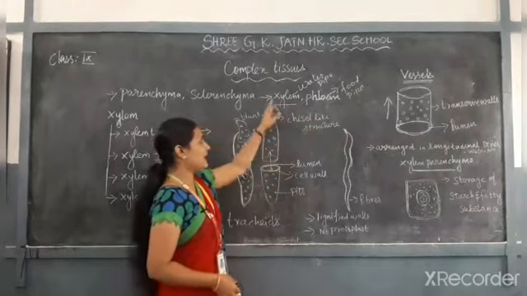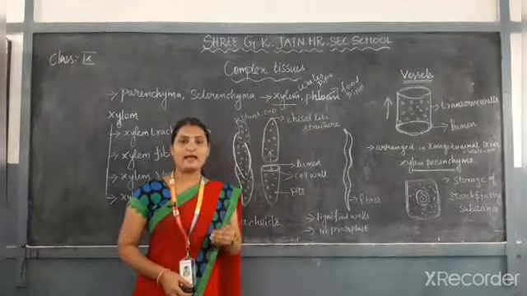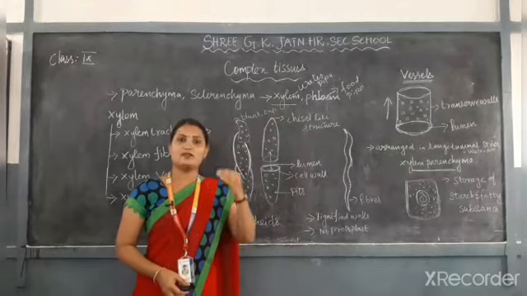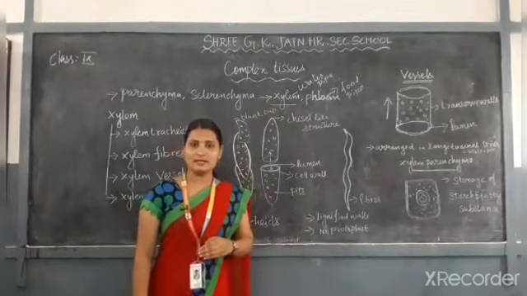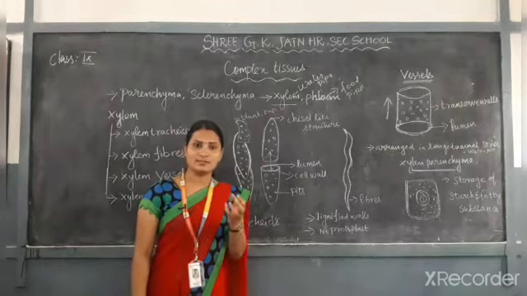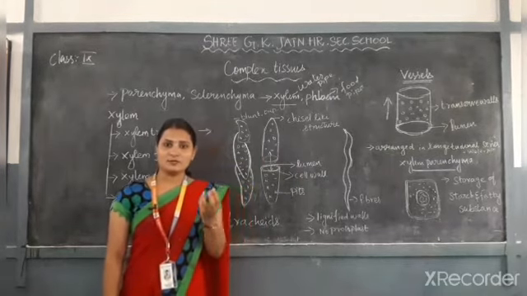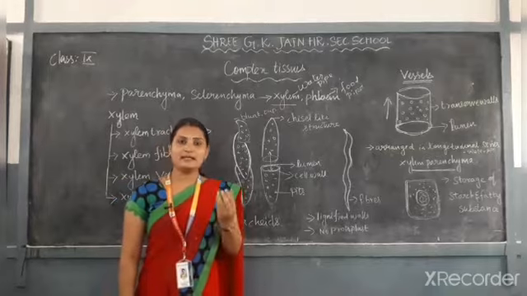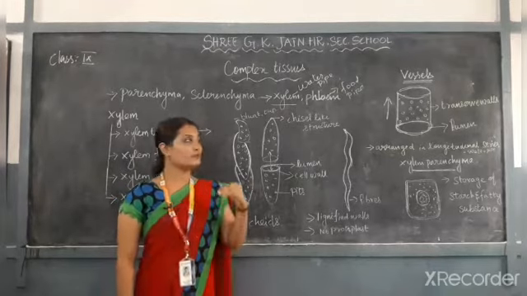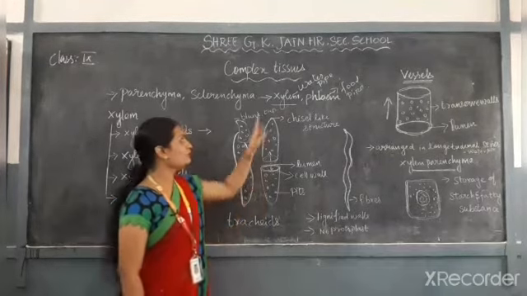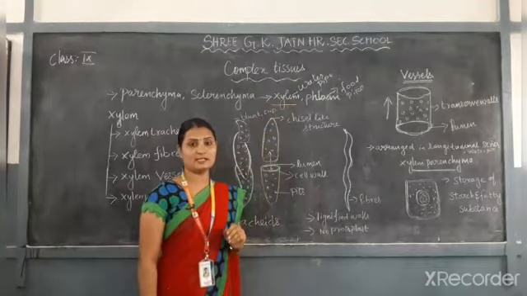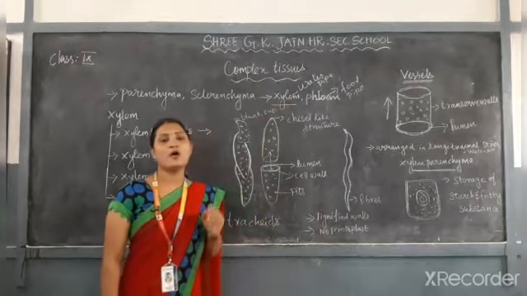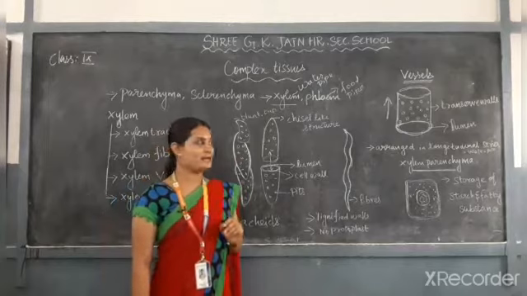Through the xylem only, water and nutrients are transported to various parts of the plants. The root absorbs the water and nutrients from the soil and they are transported to all other parts of the plant through the xylem. That is why the xylem is considered the water pipe of the plants.